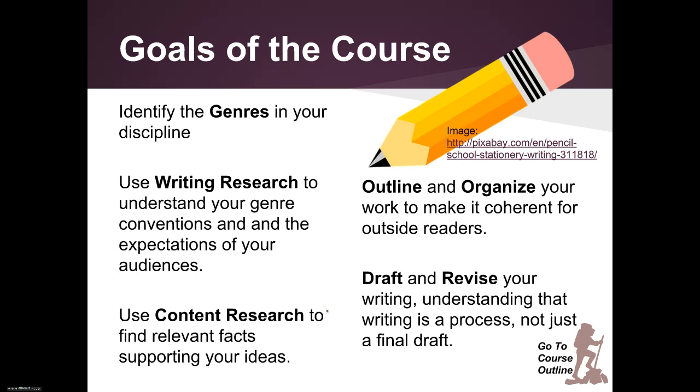Now, this is a little bit different from content research, which is the type of research you're probably more accustomed to. In content research, you're looking at facts, you're looking at details, and you're essentially reporting those back. You may be analyzing how the different types of facts fit together, but the main point of content research is to describe how the world works or how the world looks.